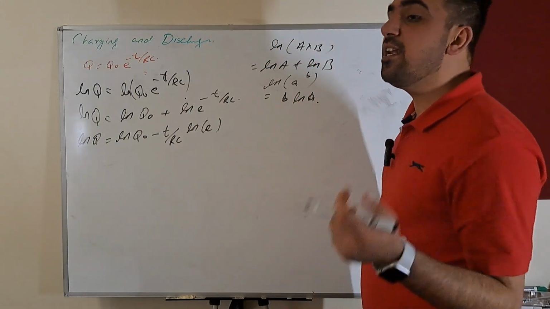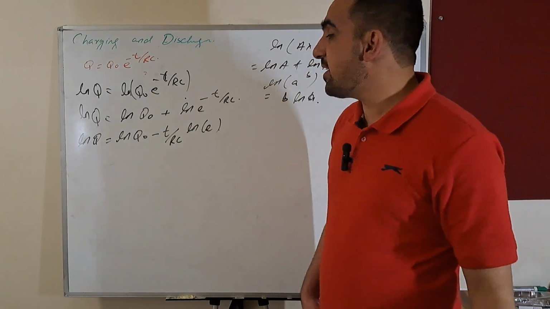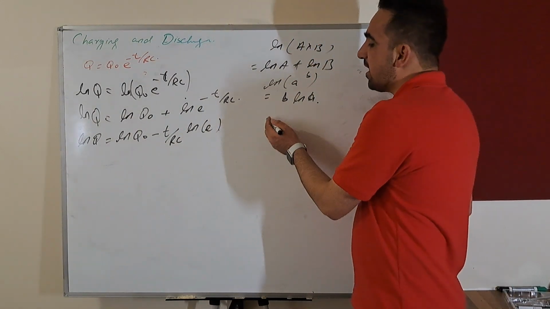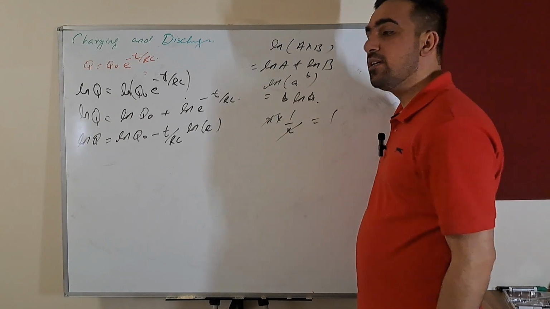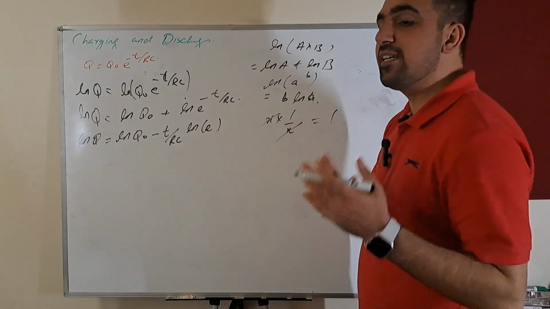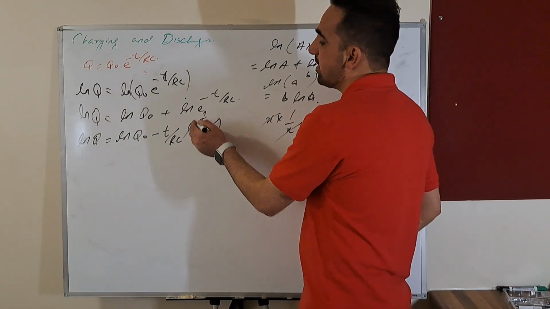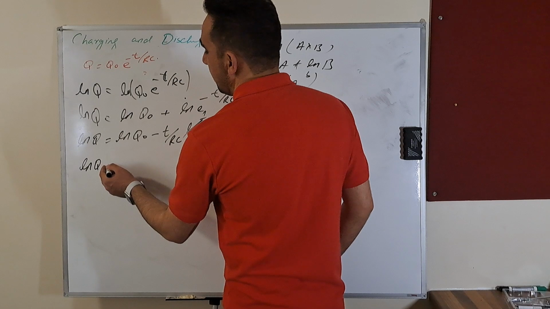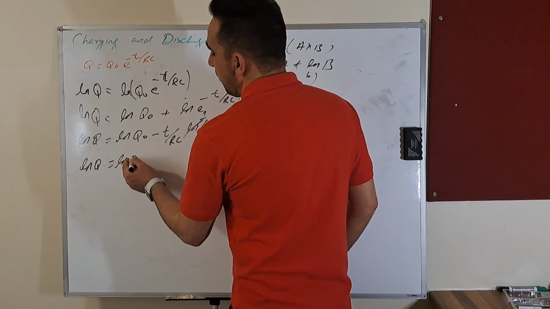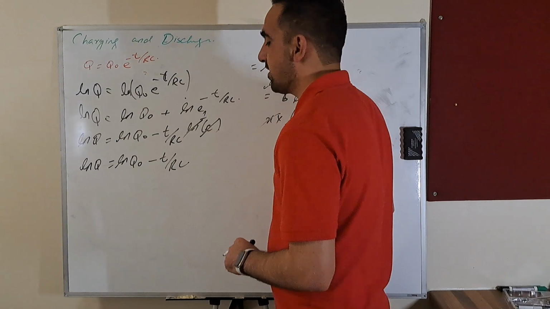Now exponential and natural log are inverse functions of each other. So it's just like x multiplied by 1 divided by x is equal to 1. Similarly, these two are, you can say, inverse functions of each other. So exponential and natural log will cancel out and we get 1. So natural log of Q is equal to natural log of Q naught minus t divided by RC.